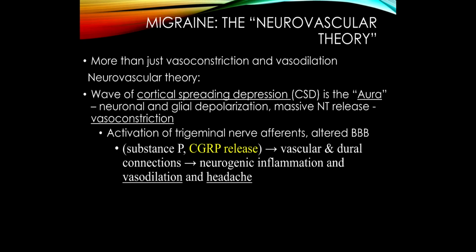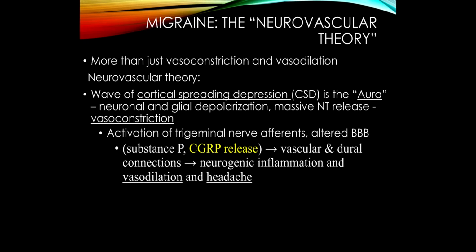So think of cortical spreading depression as this kind of intense electrical chemical change in the brain that causes depolarization of neurons and glial cells, huge release of neurotransmitters, and we get vasoconstriction. And so during the aura, I'll describe a little bit some of the visual changes and other things that patients may have during the aura.